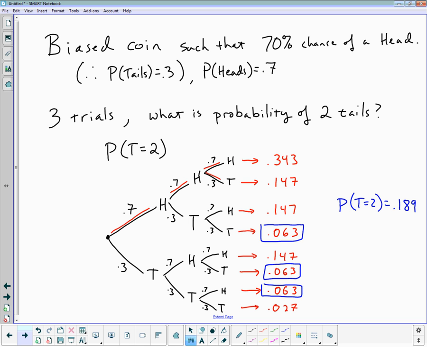Now, a little bit more. That did have a certain degree of work involved. Okay. But if I asked you for 30 trials, you certainly wouldn't want to do that. That's just a drag. Okay. So we have a distribution that we talked about last time. Okay. And as soon as we're all done copying.